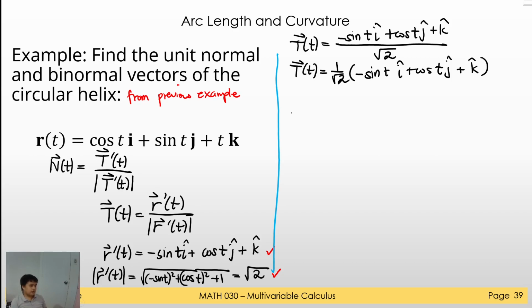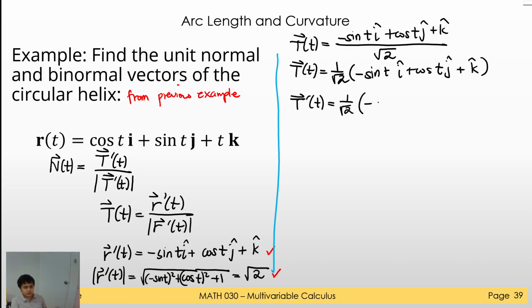Now, what we need to do is to find the first derivative of your unit tangent vector. We factor out the constant, and we can just find the derivative of the rest independently. So we have here 1 over square root of 2 still.